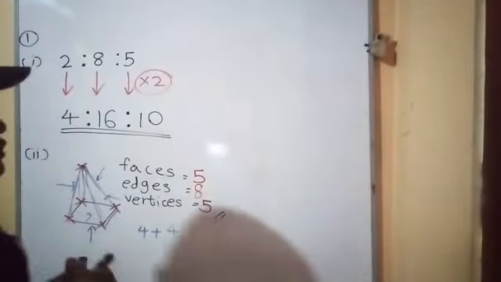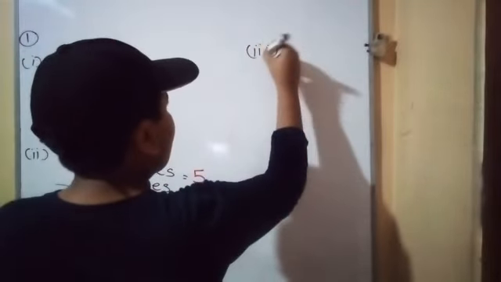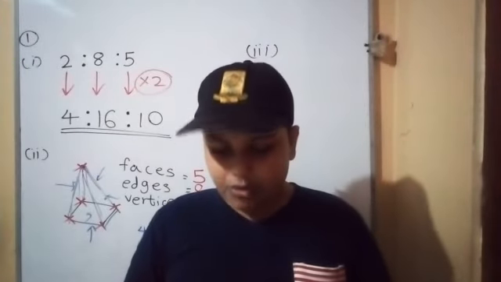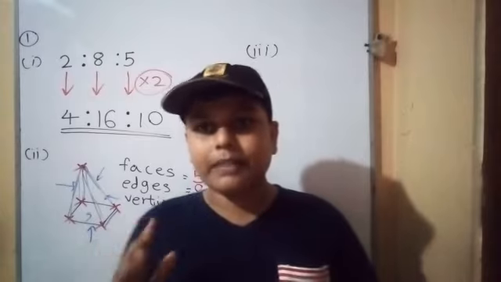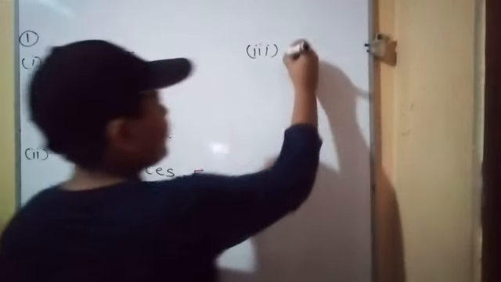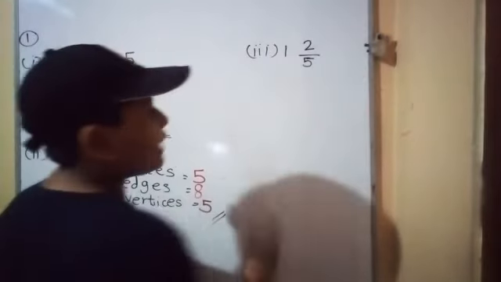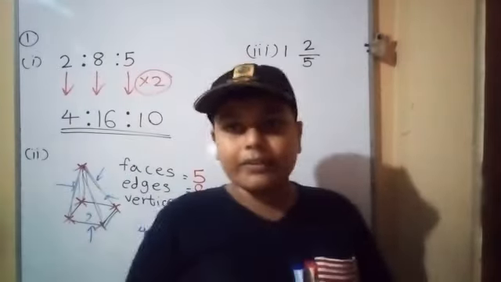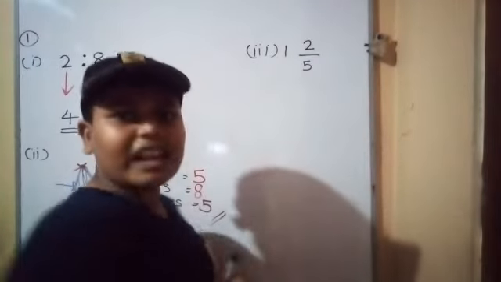So let's move to the third sub question. Write down 1 2/5 as a decimal number. This is a mixed fraction. You know a mixed fraction, 1 and 2/5. How do we calculate it? Write this as a decimal number.